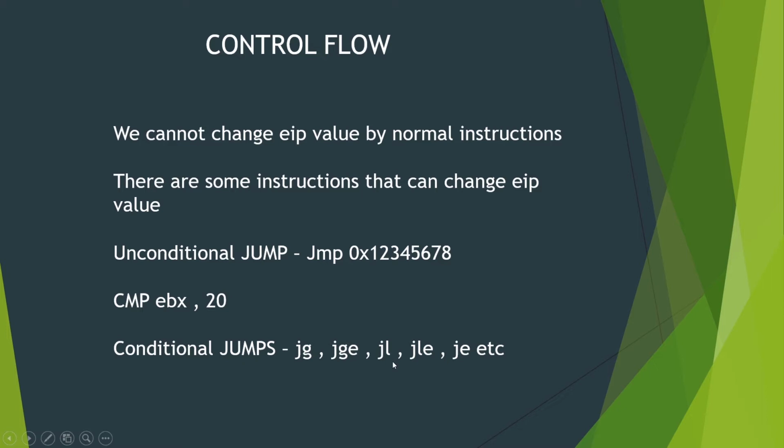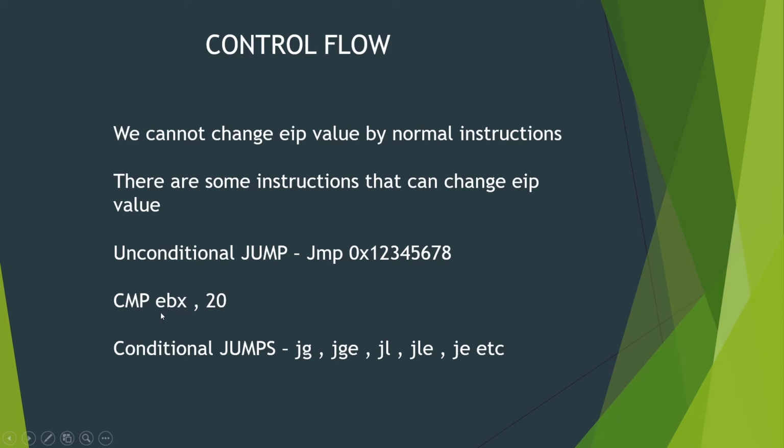And JL stands for jump if less than. So let's say EBX contains the value 10, then obviously 10 is less than 20. Then if the next instruction is jump less than to any address, since 10 is less than 20, this jump takes place.